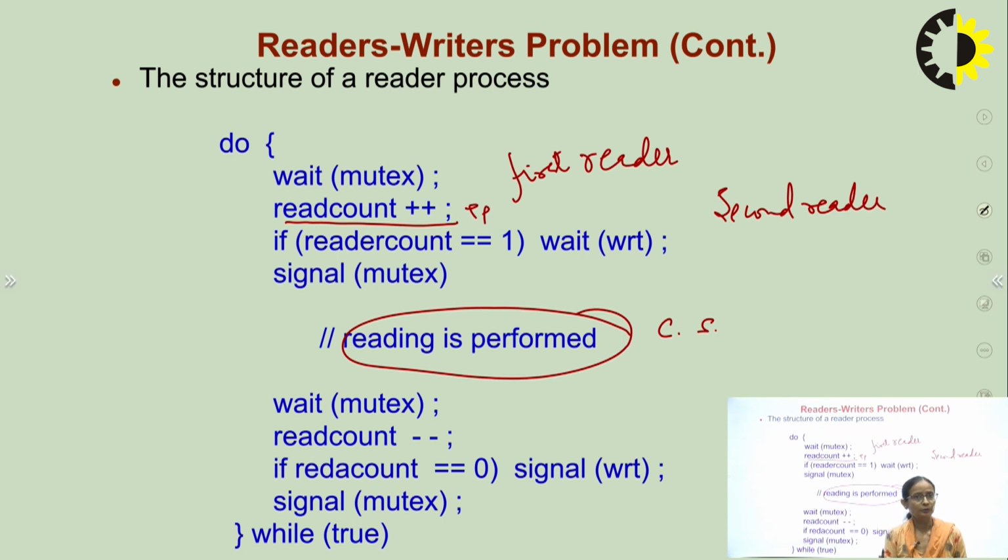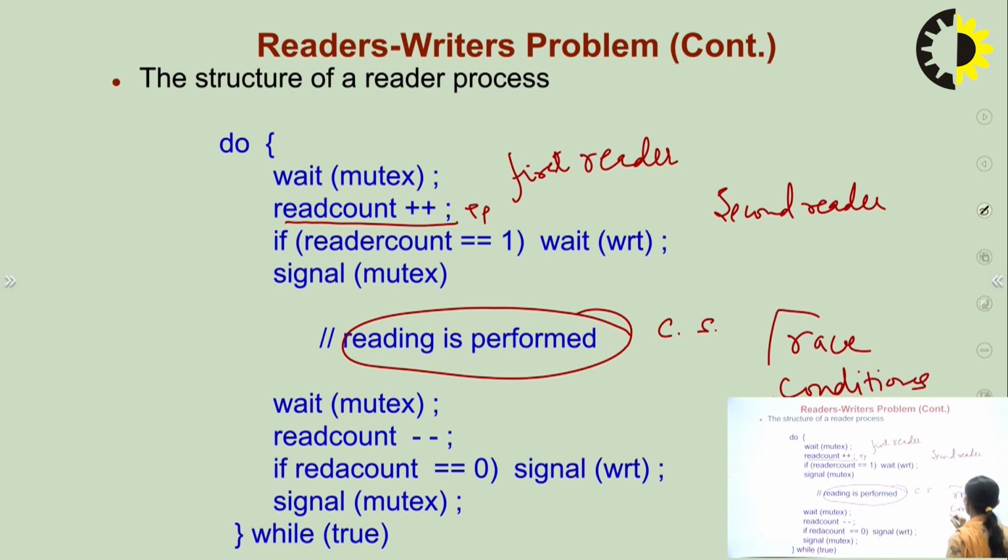Now both processes, the first reader and the second reader, are trying to work on the same variable. So there may be chances of race conditions in this case. In order to avoid the race condition, we need to synchronize the action on this. So this becomes another critical section of your code.